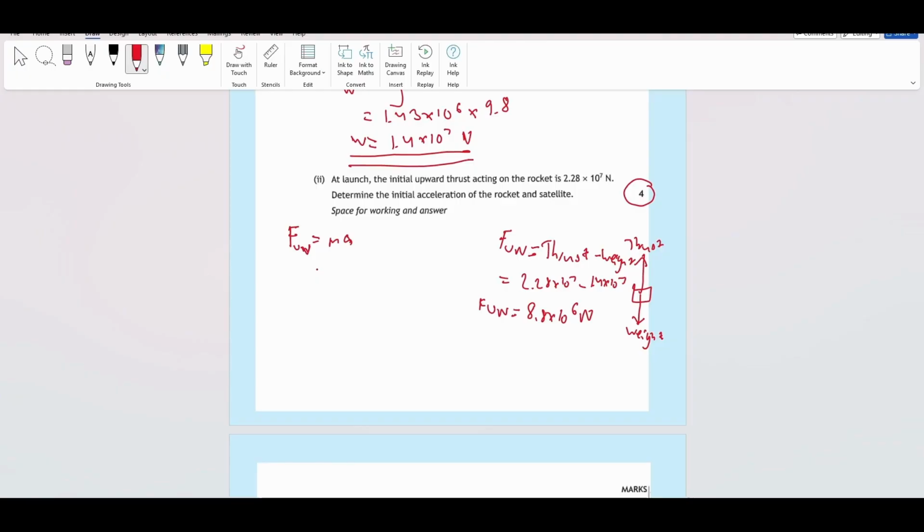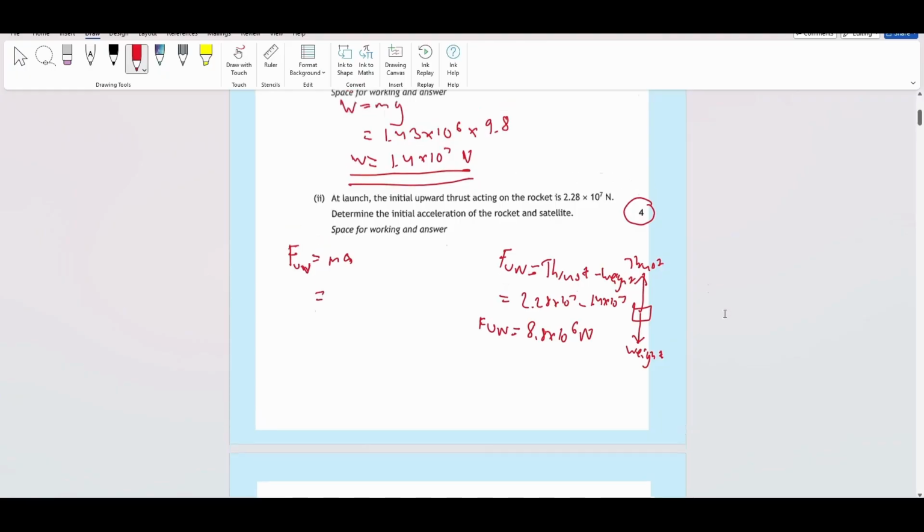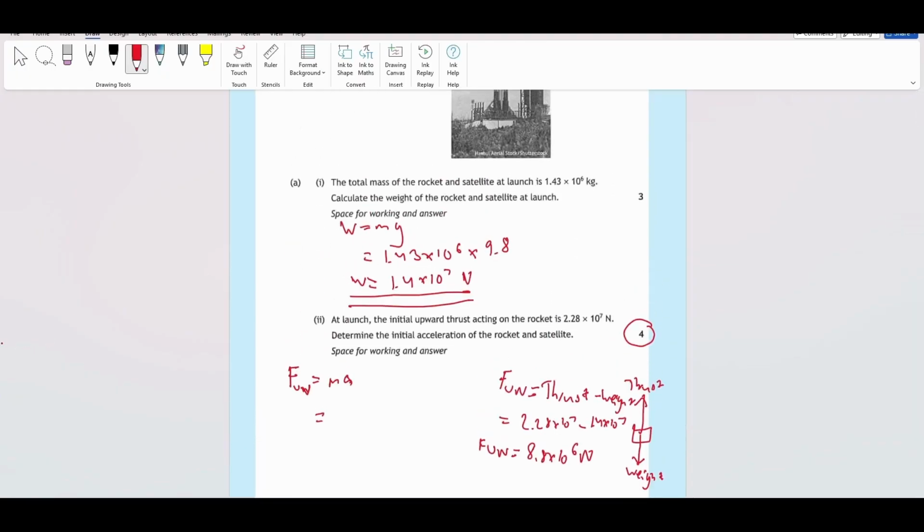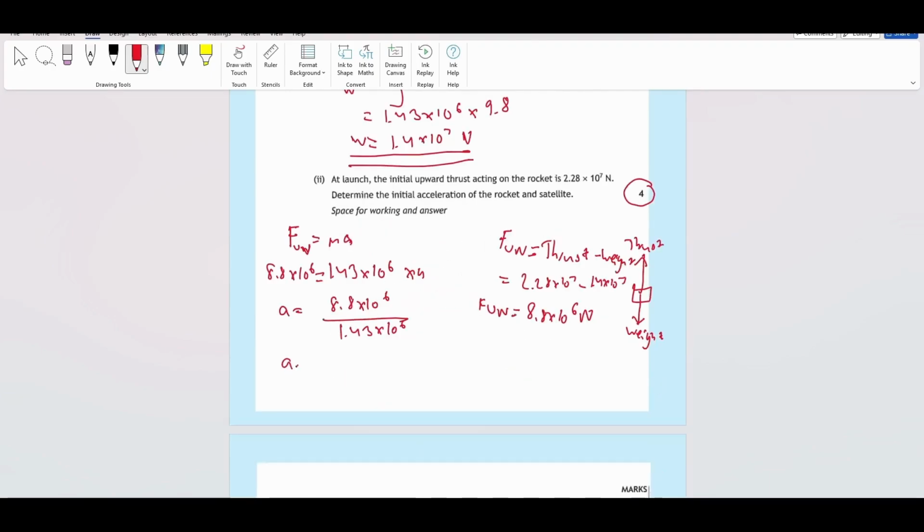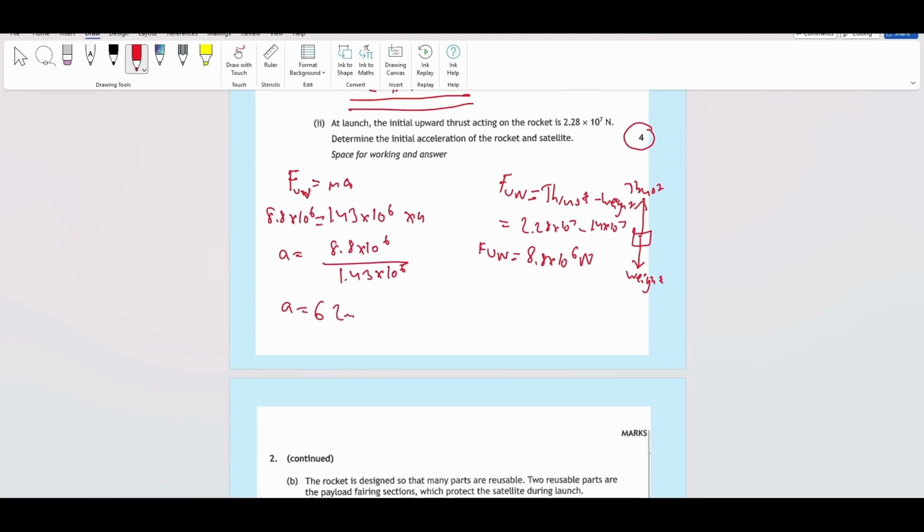Now I can do F un equals ma, which is the mass, which is 1.43 times 10 to the 6 times a is equal to 8.8 times 10 to the 6. So a is equal to 8.8 times 10 to the 6 all over 1.43 times 10 to the 6. So a is equal to 6.2 meters per second squared.